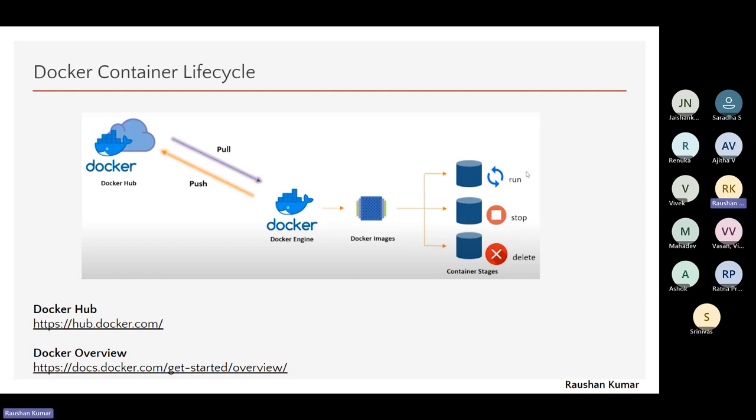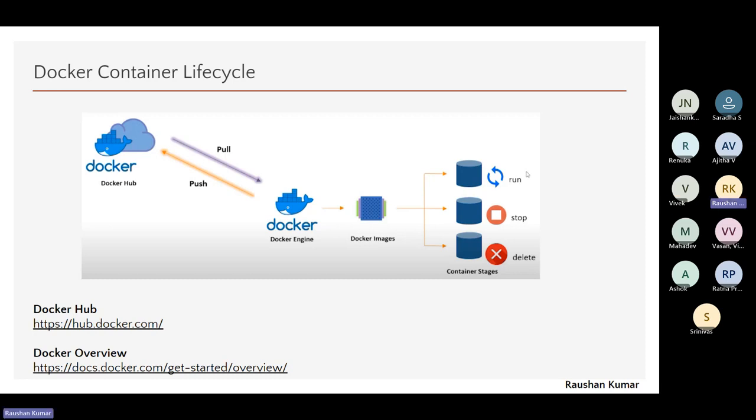Image could be a microservice, monolithic, an operating system, or any software. What is important is, do I have the image of that or not? If I have that image, I can run that application, that software, as a container. Docker would help us with this.